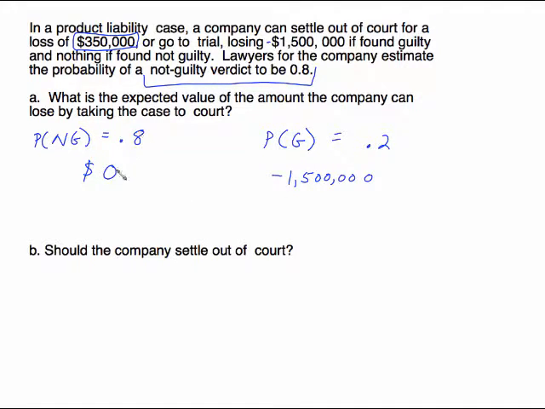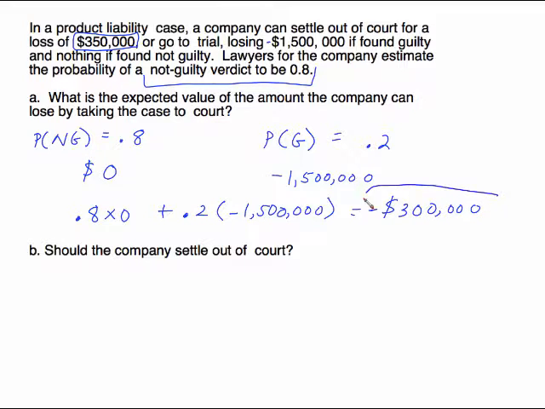So multiplying probability times the profit or loss is 0.8 times 0, which I didn't really need to write down, plus 0.2 times negative $1,005,000 makes a loss of $300,000. Now that's going to court, found guilty, we would expect to lose $300,000.